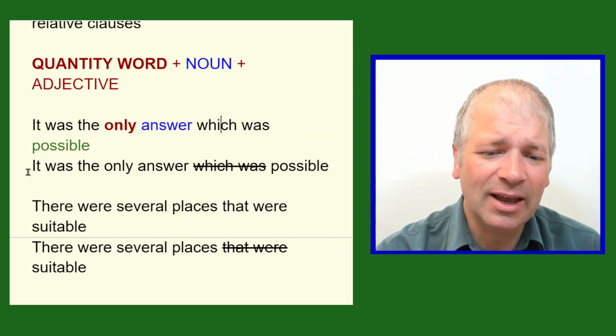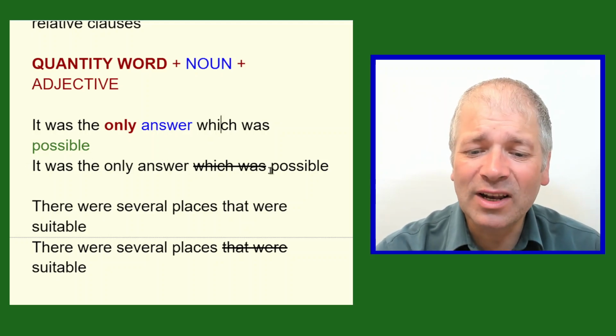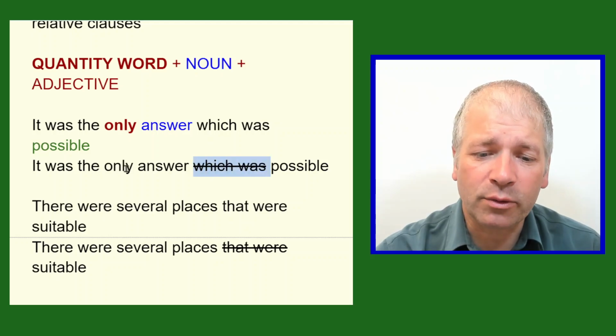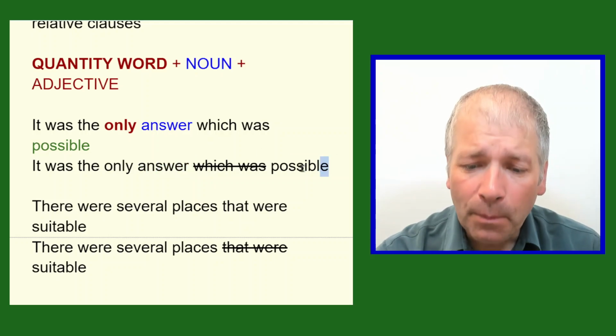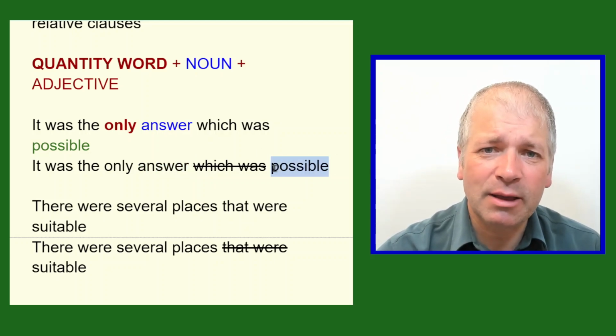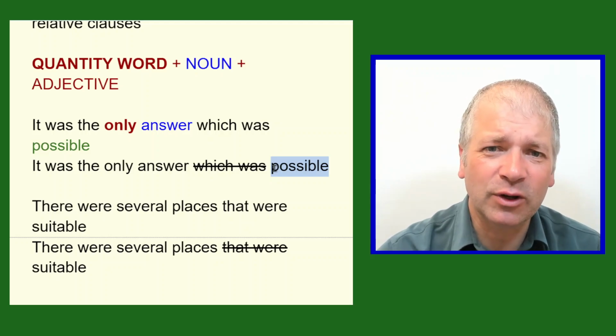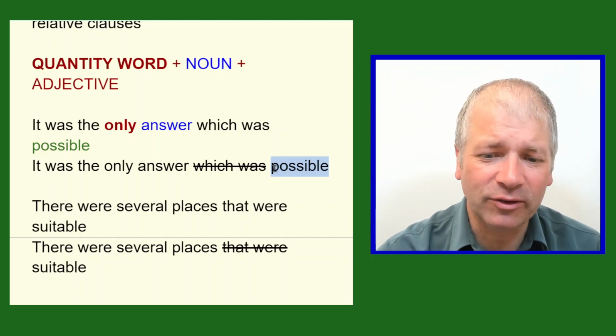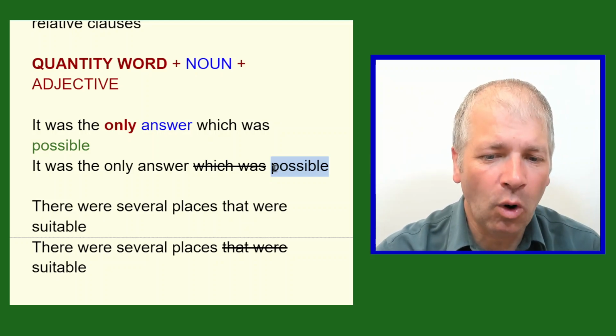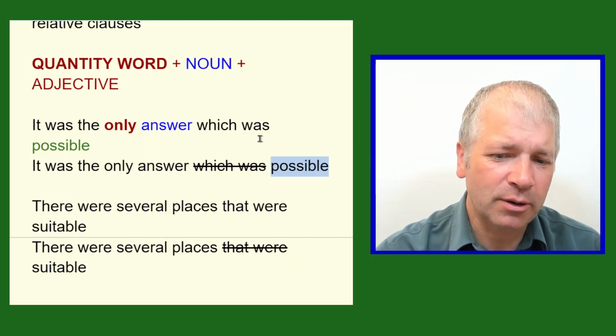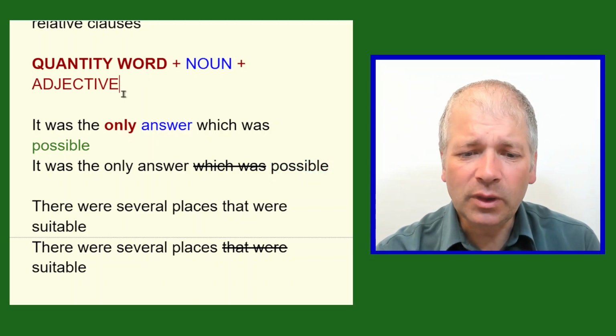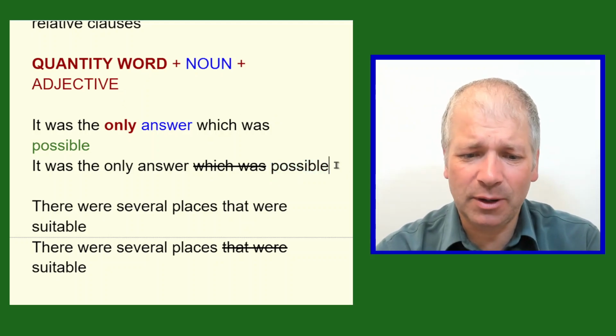So what's happened in the reduced form? Well, we've deleted which was. It was the only answer possible. So in this case, we can use the adjective to describe the noun before it without which was. In other words, let's just describe what's been omitted here.